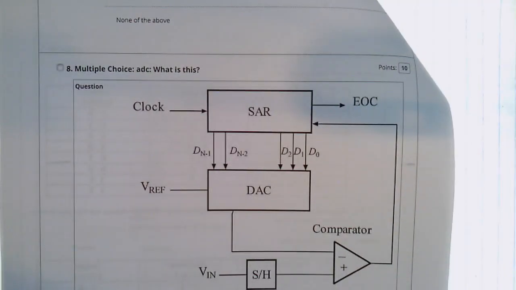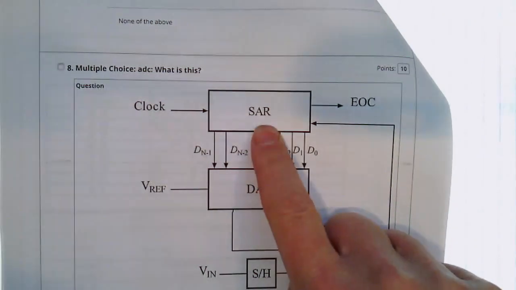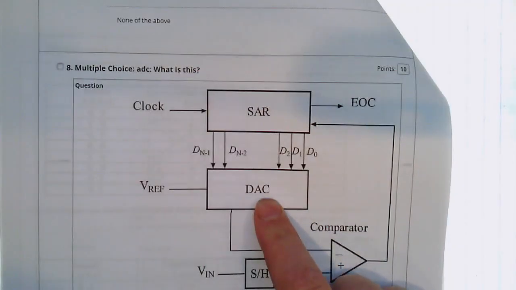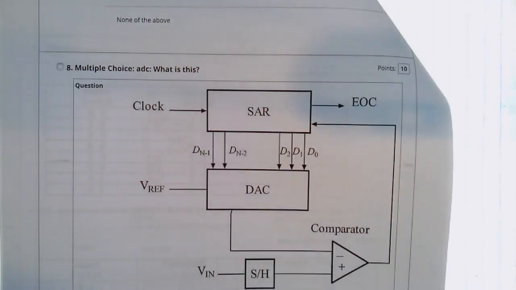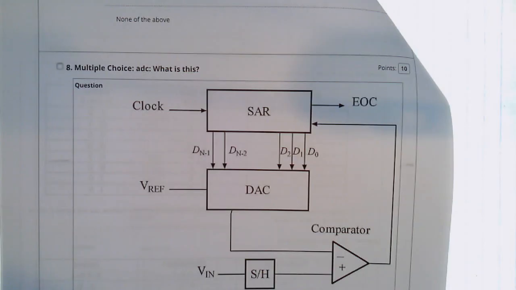Now, if you're reading the book, you can see this in the book. This is a register. You guys know what a DAC is, right? What's a DAC? Anyone want to chime in?